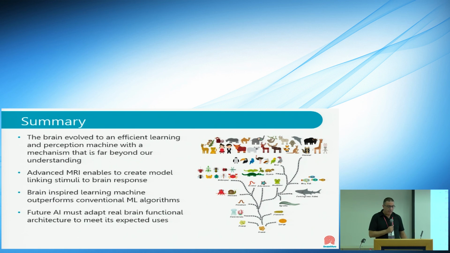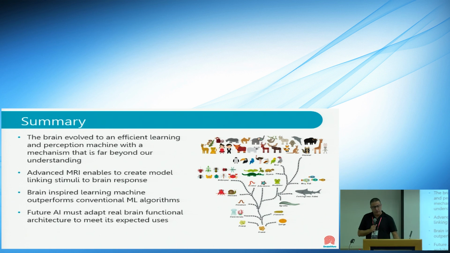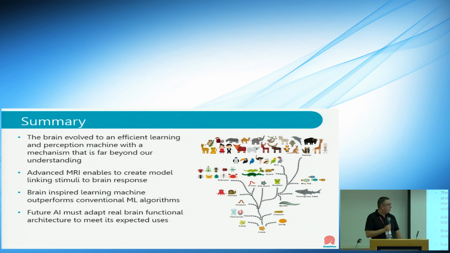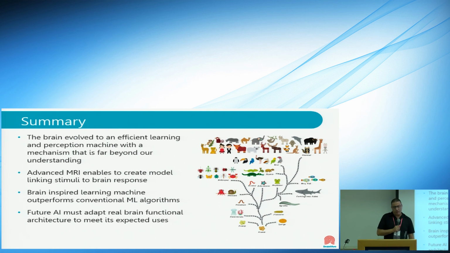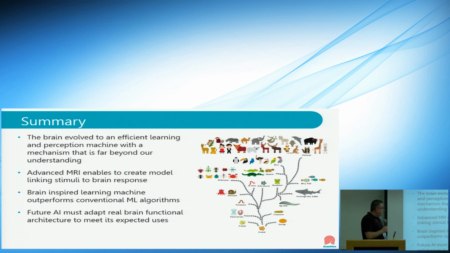And I think, and this is the way we are going in Brainvivo, that future AI must adopt real brain functional architecture. There's a way to go, but I think we need to put the seeds now in order to see this technology coming up a few years from now. So we need to adapt AI to meet the future users that we want AI to have.